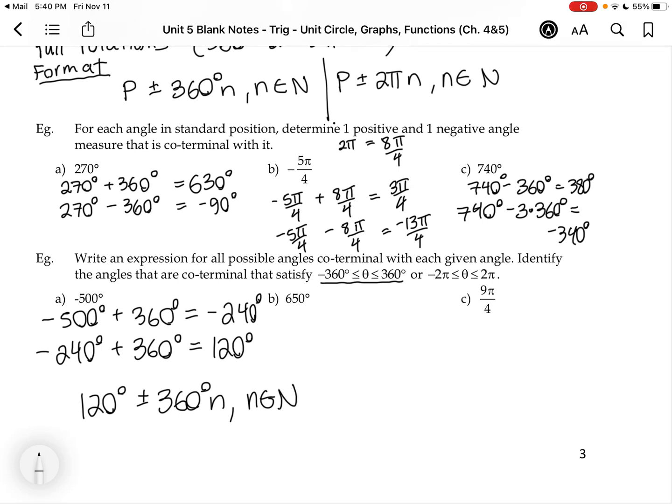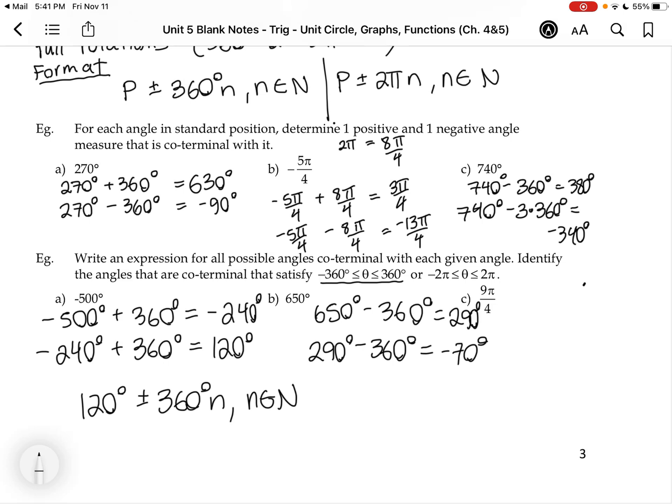Okay. For 650, I'm too high. I'm above the 360, so I'll start by subtracting 360 degrees, and that gets me to 290 degrees. I'm running out of space here. And then if I subtract from 290 another 360, now I'm at negative 70 degrees, so I'm below 0.